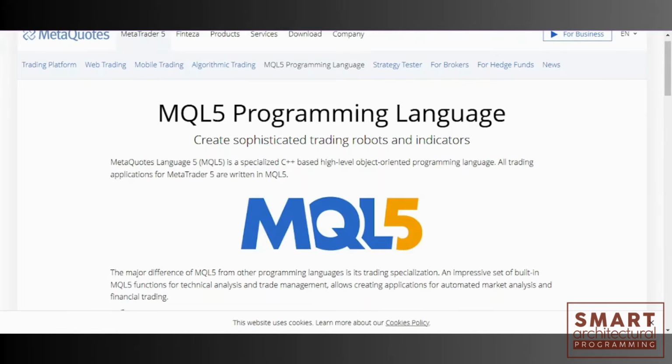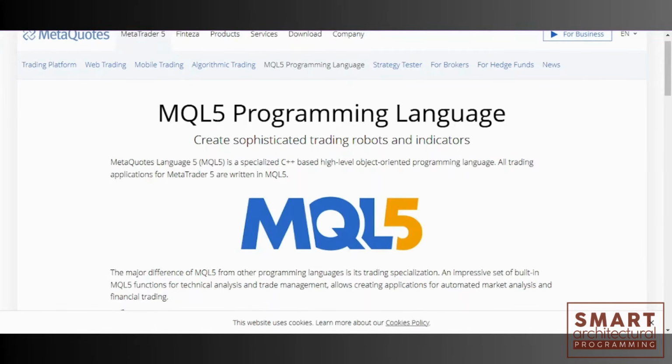But if you still want to learn the language and you want to go into the 6 to 8 month learning process, then please focus on what I say next, basically. MT5 expert advisors are built using MQL5, or MetaQuotes Language 5, which is a very similar language to C++, and this enables traders to create custom algorithms.